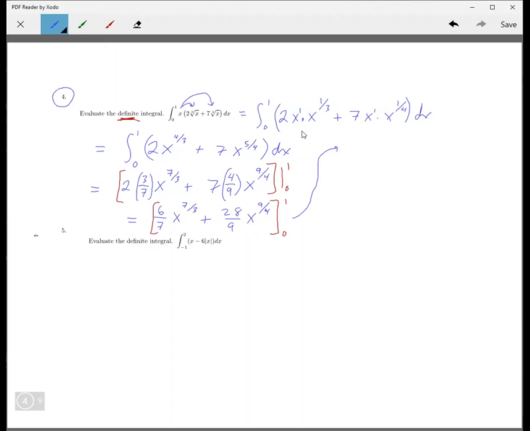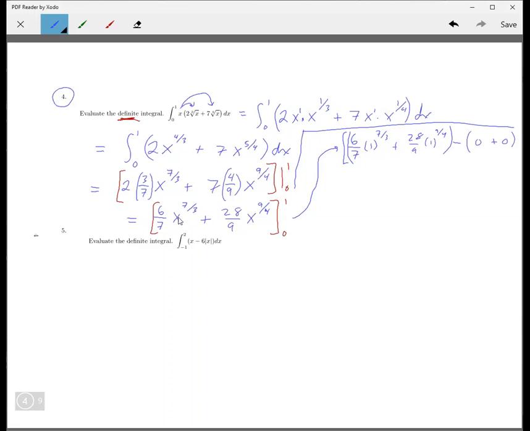Okay, now this means that you plug in the 1 first, and you subtract and plug in the 0, which is going to be 0 plus 0.